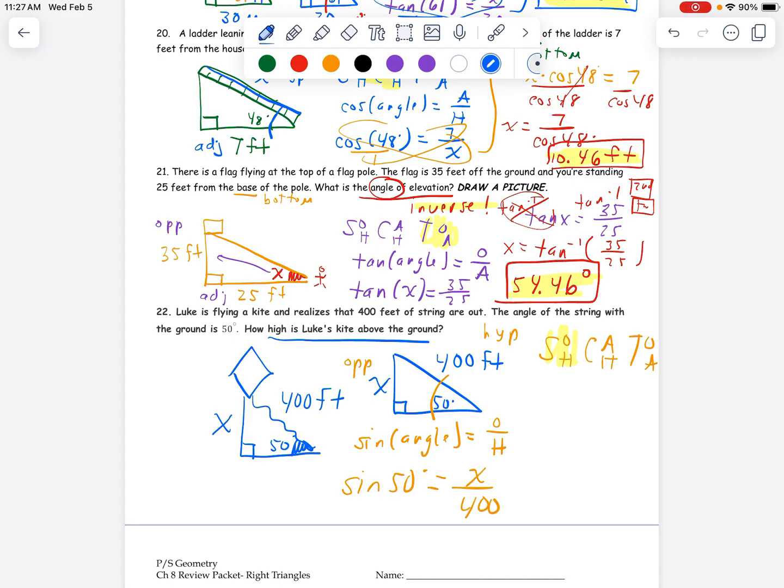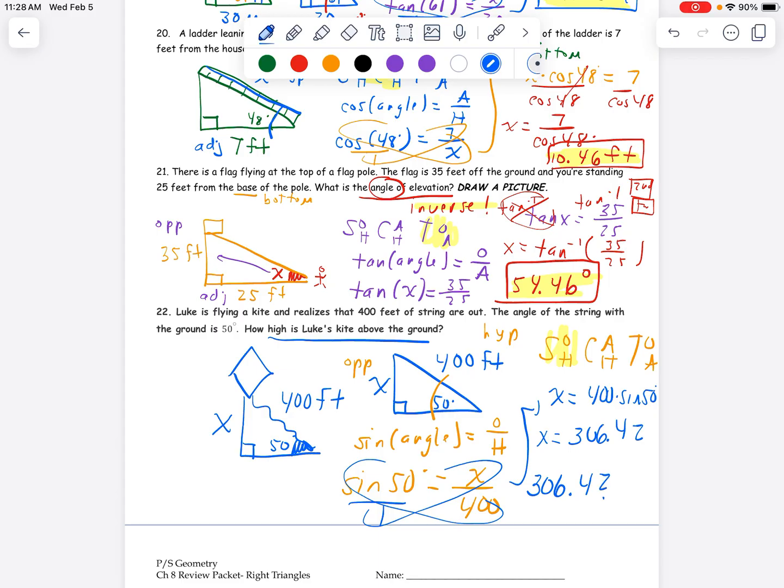If I cross multiply, because I have the angle, and show the work, we have x equals 400 times the sine of 50 degrees. So if I do 400 times sine 50 degrees, I would get that x is 306.42 if I round. So my answer is 306.42 feet.